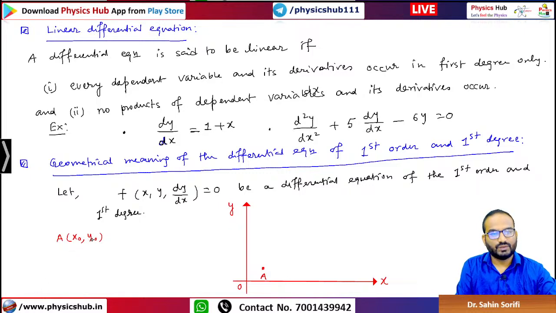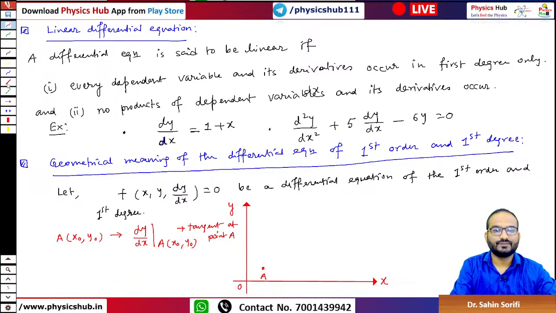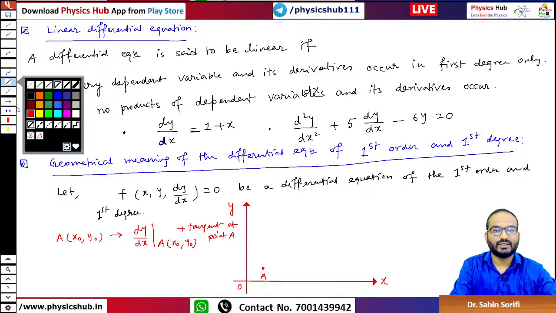If you know x naught, y naught, we can find dy dx at this point A. What does this dy dx show? It gives you a tangent at point A. So let's say you get a tangent at this point A.